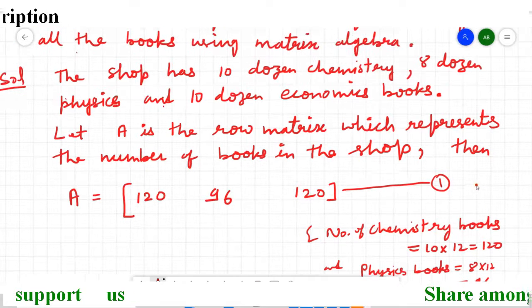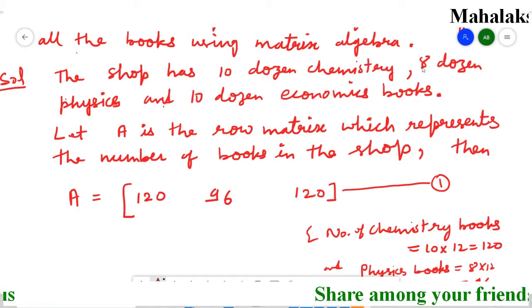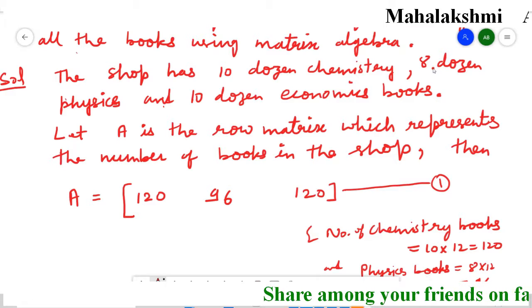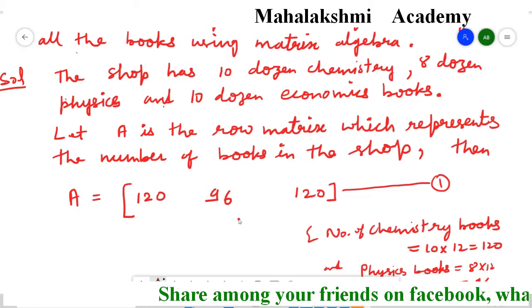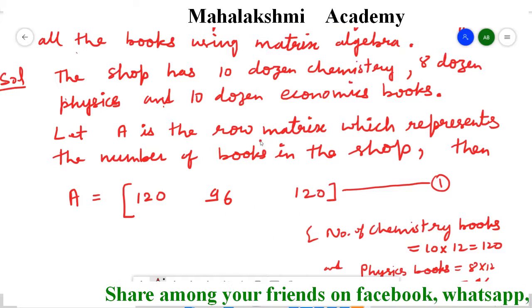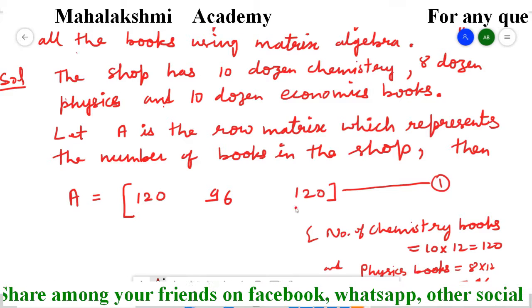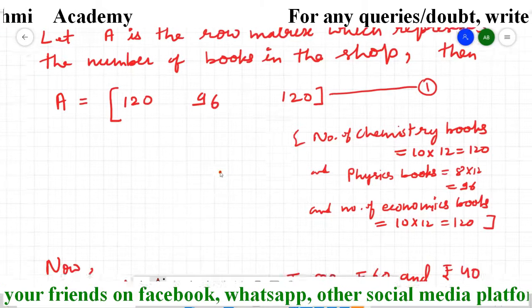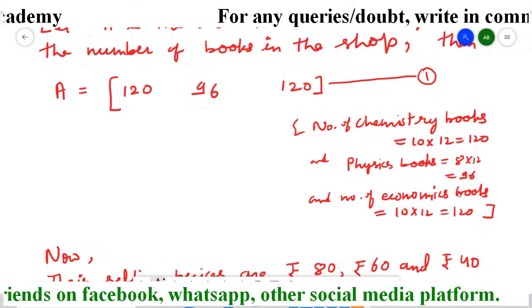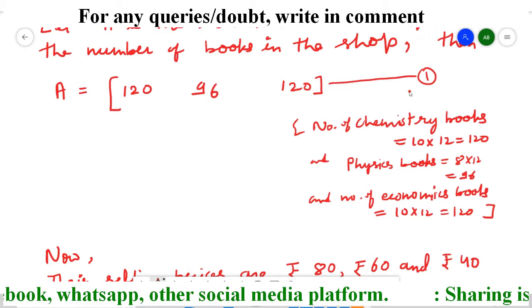Now 8 dozen physics books are there, so to convert into the number of books we multiply 8 by 12, which gives us 96. In the same way, 10 dozen economics books, so 10 multiplied by 12 gives 120. These conversions I did because in 1 dozen we have 12 books, and I assumed it as equation 1.